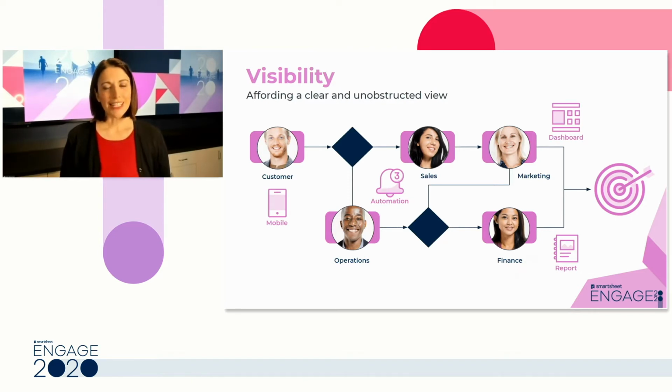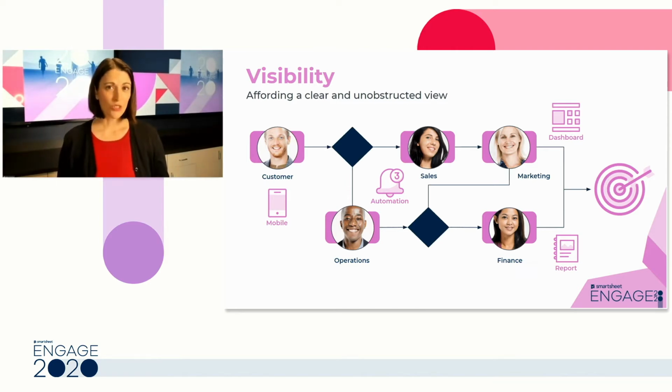And then lastly, we also want to map out the visibility that all of those different stakeholders require in order to complete their part of the process. So for example, my executive leadership, they don't need to know all of the different pieces of the process. They probably only care about some high-level information about the goals.